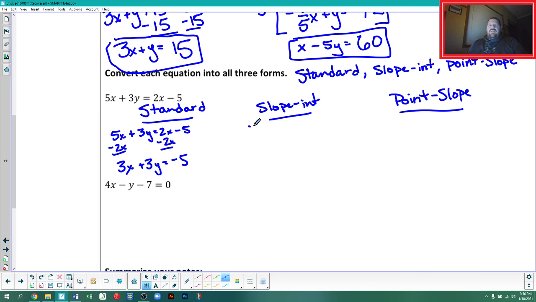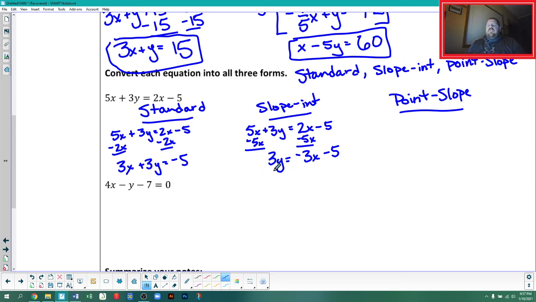So in the original, I don't think that this is the easiest way to do this. But if you wanted to start with slope-intercept form, this is how you would do it. I'm going to subtract 5x from both sides. Bam, bam. And I get 3y equals -3x minus 5.